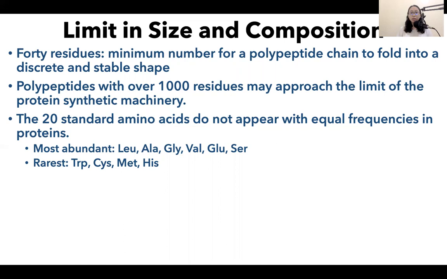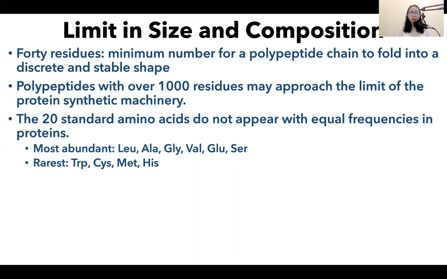And we also have serine. Serine, with its hydroxyl functional group, also plays important roles in the functions of many proteins. Not only does it act as a hydrogen bond donor or acceptor, but it can also act as an acid if it has the proton, or a base if its proton is dissociated.